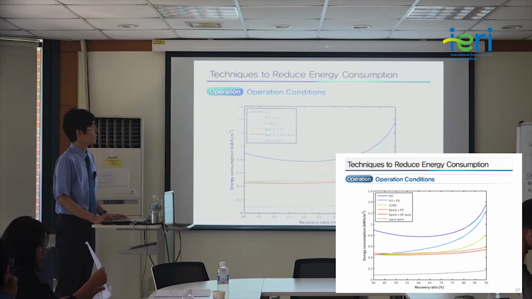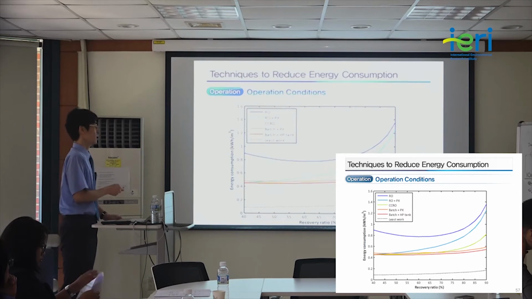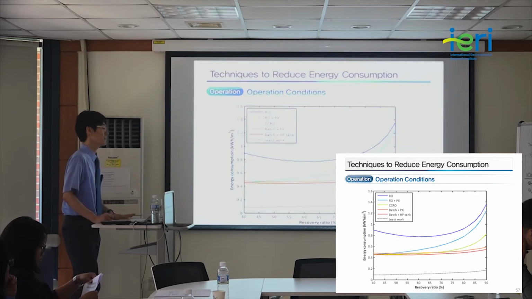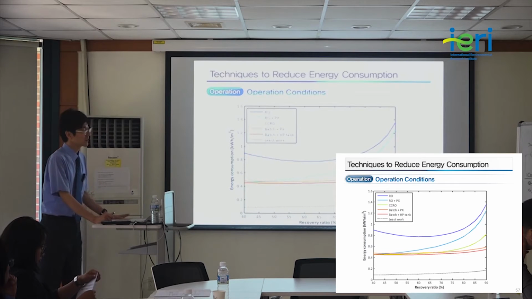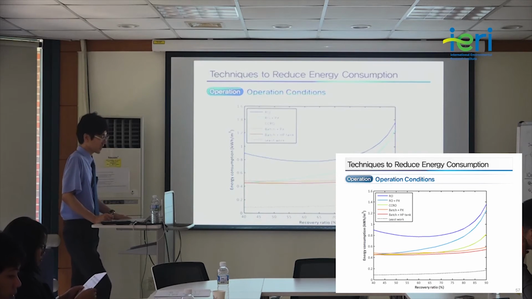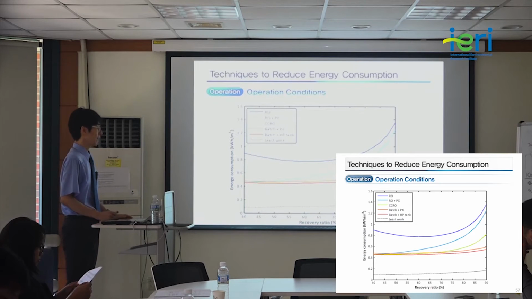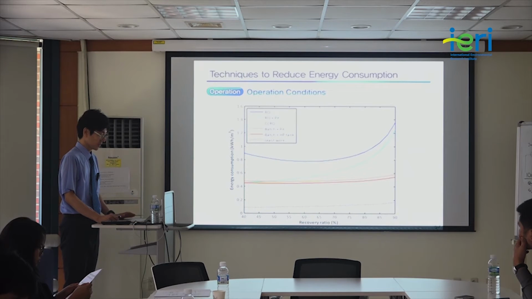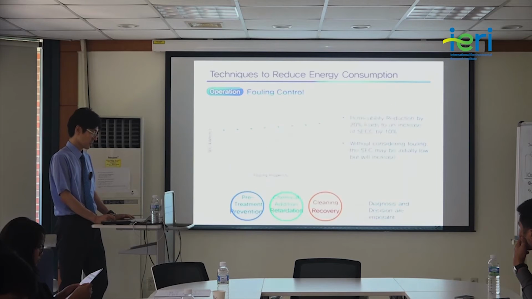In order to determine the optimum recovery to minimize the energy consumption, you probably need to run some computer simulation to find the optimum point. Otherwise, you will not be able to find the desired recovery ratio to reduce the specific energy consumption.